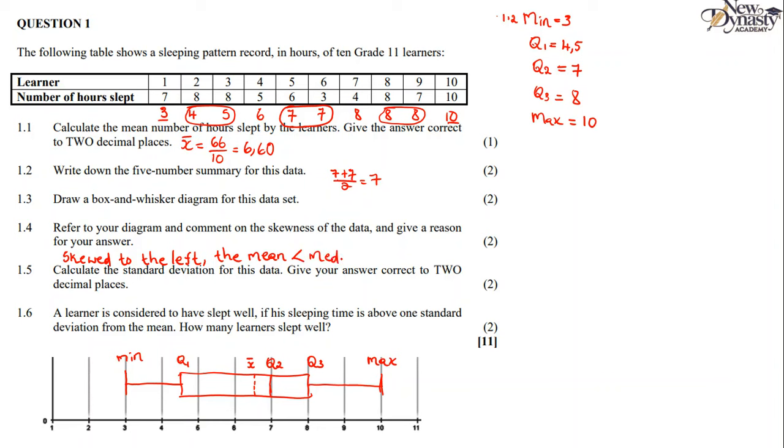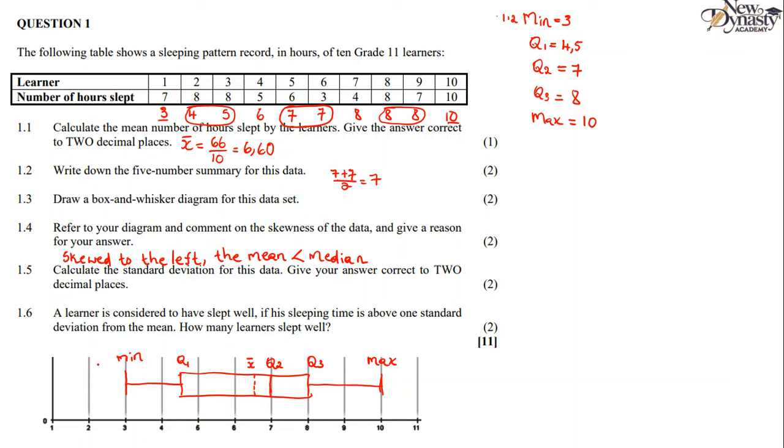So that is going to be a reason enough for that. And that's how you answer such questions. You can also see that on your left hand side between Q1 and Q2, we've got a longer rectangle as compared to between Q3 and the median. So that could also be the reason.